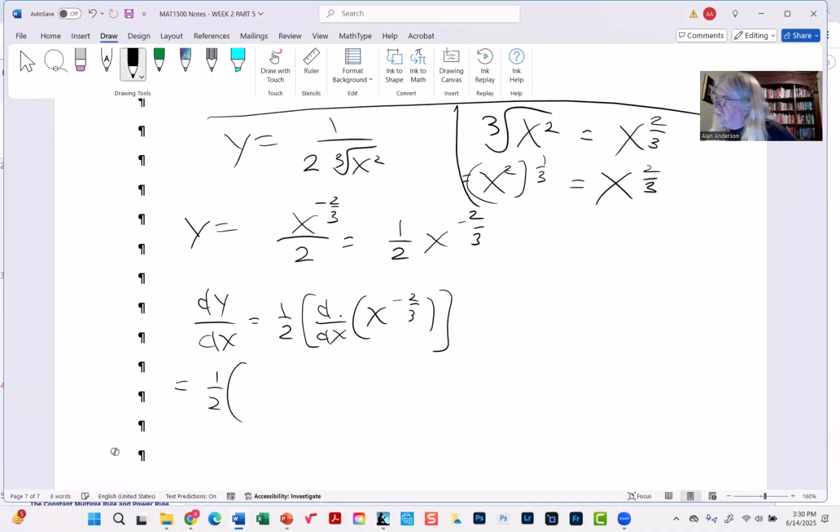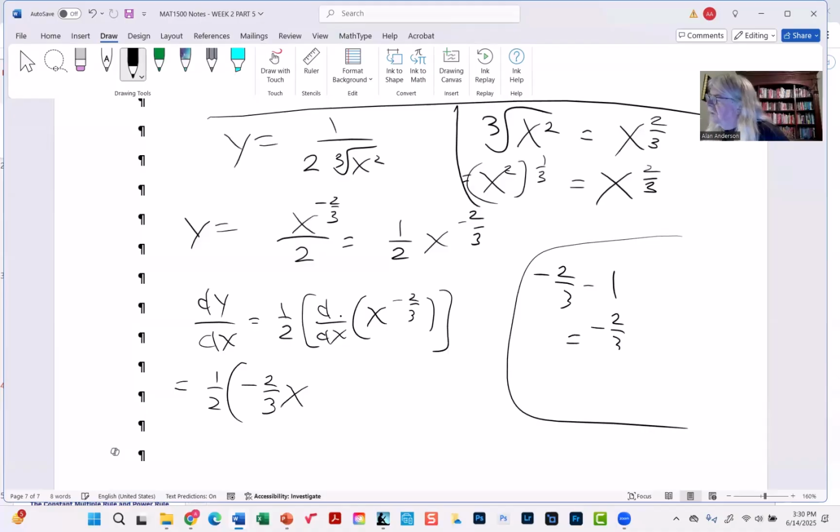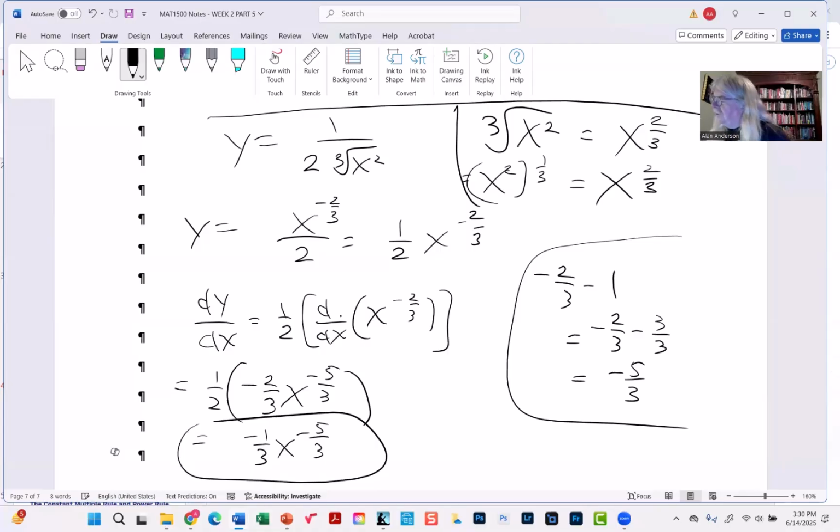So that's going to go minus 2/3 x. And by the way, when you subtract 1 from minus 2/3, you end up with minus 5/3. You've got a half and negative 2/3, so you ultimately end up with negative 1/3 x to the minus 5/3. That's the final result.